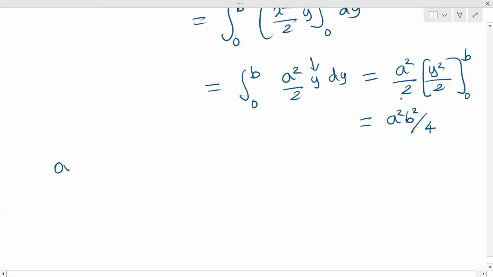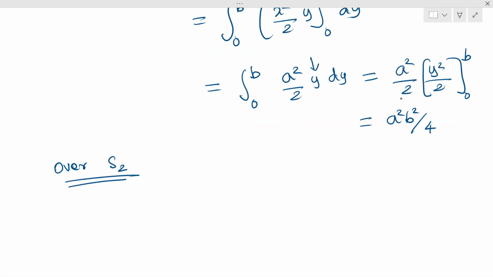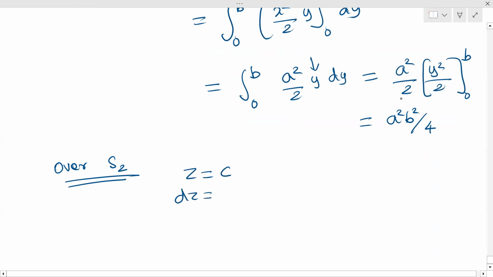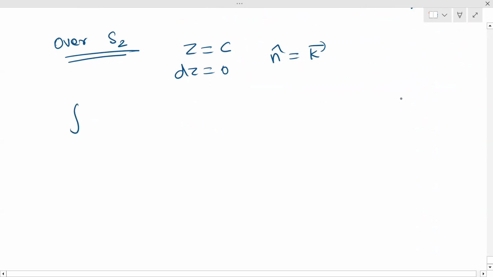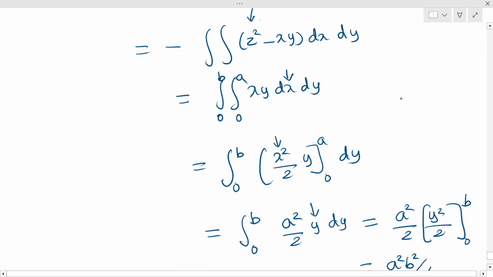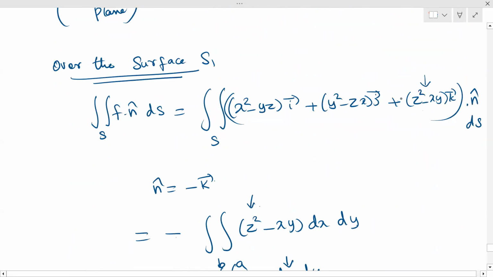Next, for the surface S2. What are the conditions? z equal to constant, dz equal to 0, n cap is k vector. So the integral over S2, with n cap as k vector, gives only the k component, because k dot k is 1, i dot k is 0, and j dot k is 0.